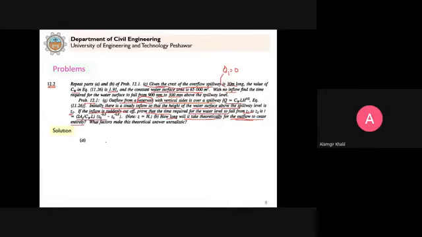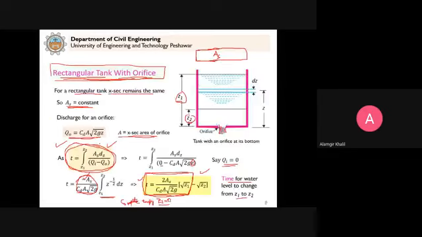So now we go for part A. We have to prove this formula. Again, we know that Q_I is 0 and Q_0 for a weir is given by the formula C_W L Z^(3/2). This formula you have to write down here.